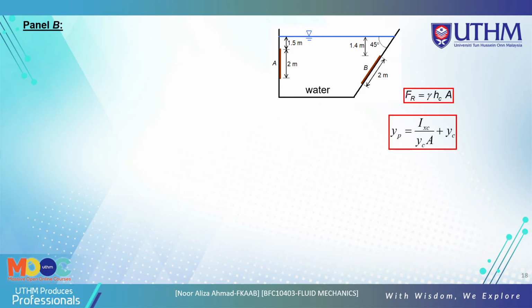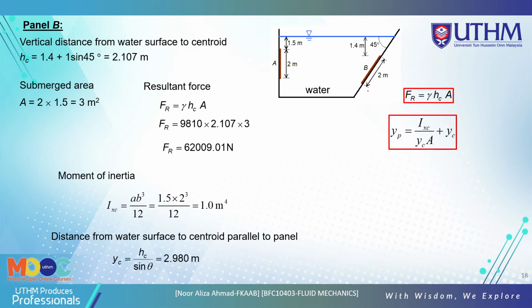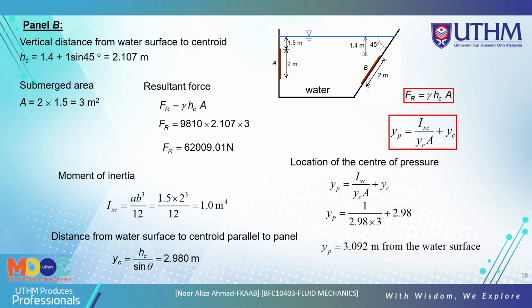Now we look at panel B. After you finish panel A, use panel B. Panel B is an inclined surface. You find the vertical distance from the water surface to get HC: 1.4 meter plus sine 45 times 2 divided by 2, which is 1 times sine theta, so you get the value here.